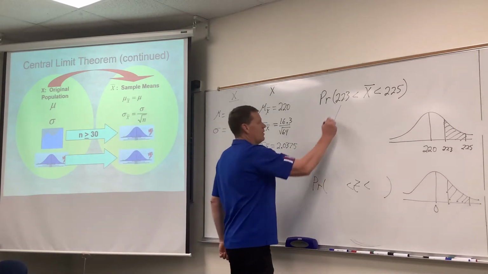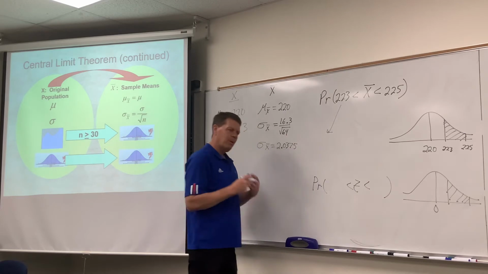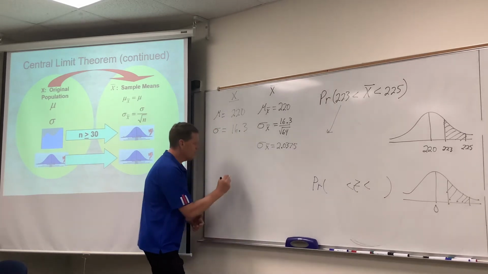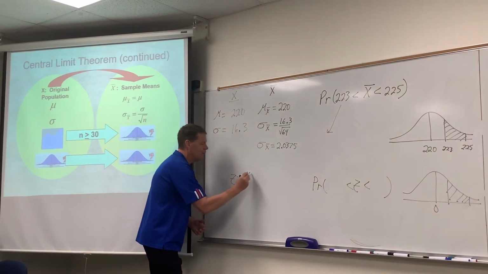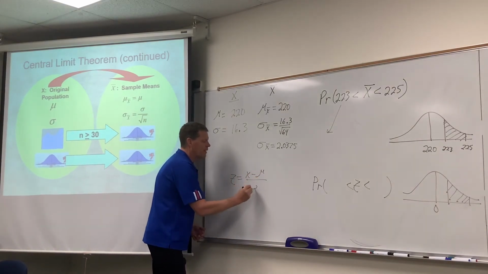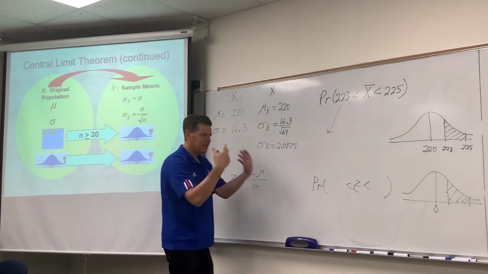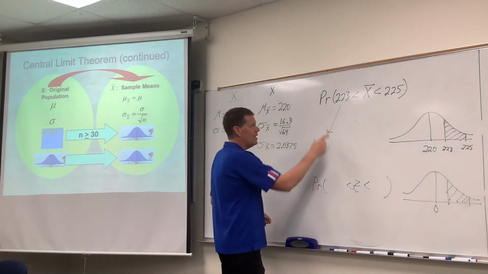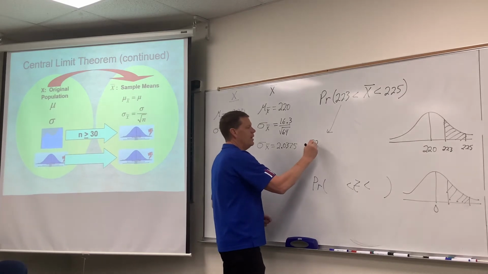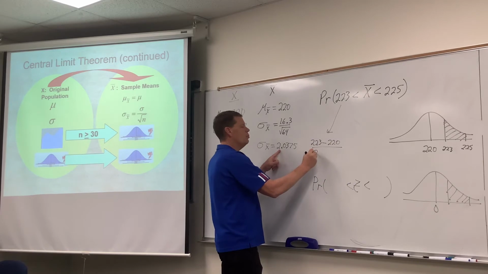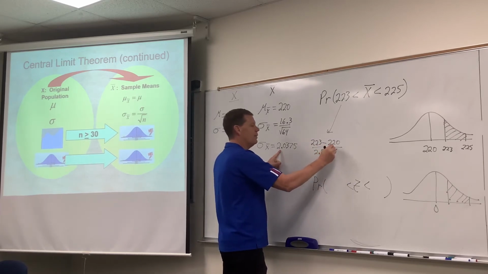And so we would standardize both of these. Remember our good friend, Z equals X minus mu over sigma. Let me write that down over here. That's our friend. Now, let's keep in mind, we're using this information because our variable is X bar. So when we standardize the 223, that would be 223 minus 220 over 2.0375.